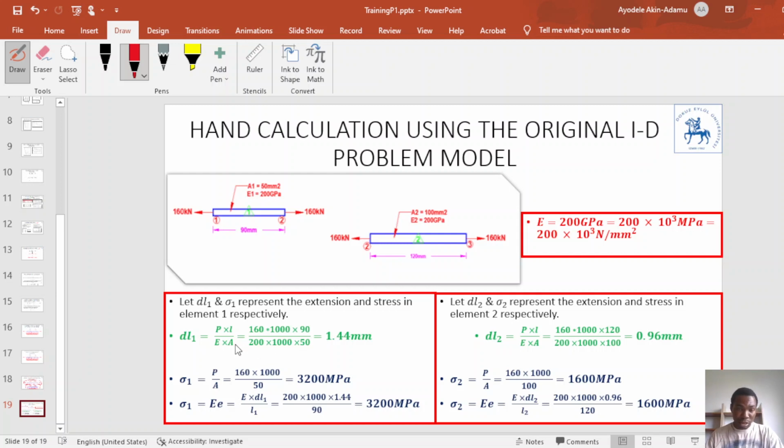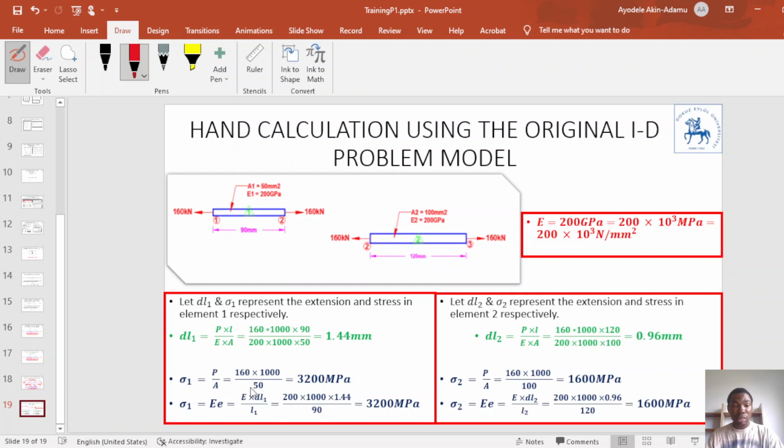My cross-sectional area, A1, is given in the question as 50 mm square, so that's why 50 is here. If we do this calculation, you get 1.44 mm. This means that element 1 is stretched by 1.44 mm under 160 kilonewton tension force.